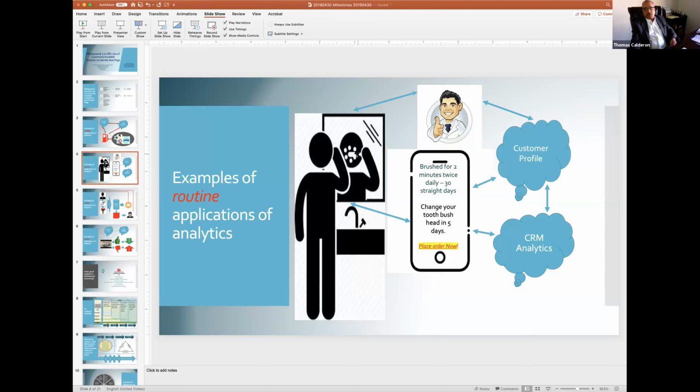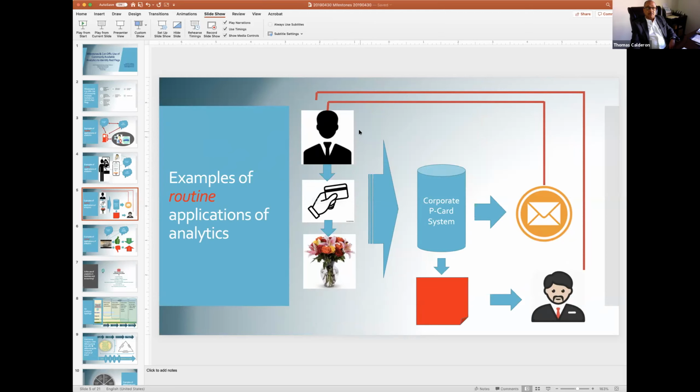They're also using it to sell items to you. So this is all part of what we are seeing analytics being used for. Another way in which analytics is being used in corporations, and it's being used pretty widely for that purpose.